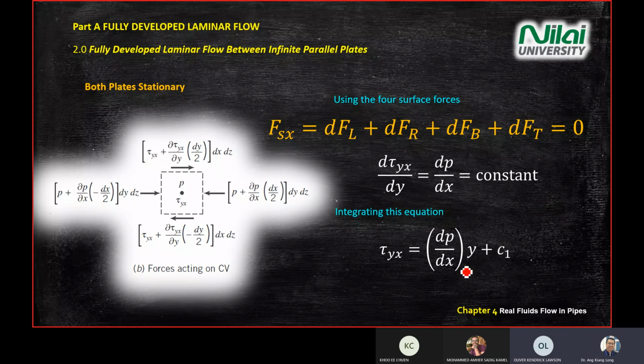Then when you integrate this equation, you move your dy to the right, then you integrate, and you get tau_yx equal to dp/dx times y plus a constant value C1.